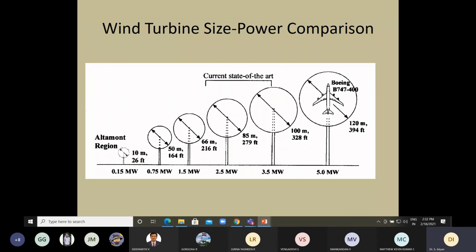And this is the size of the wind turbine. Various sizes of wind turbines are available.